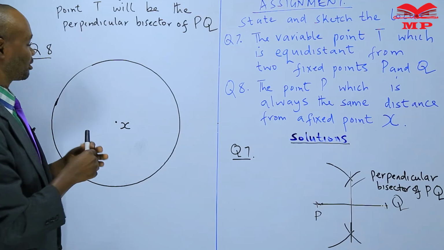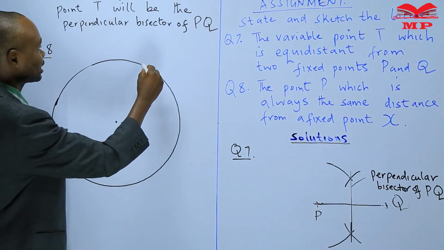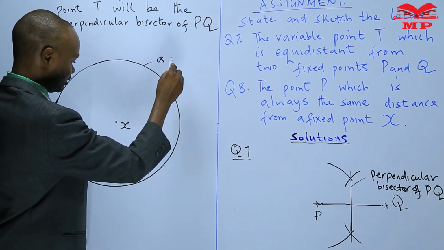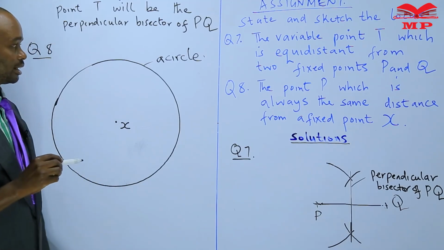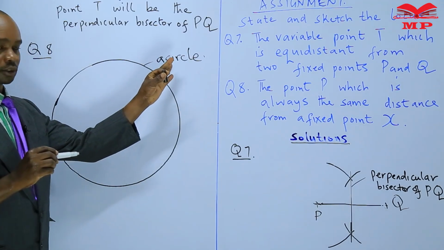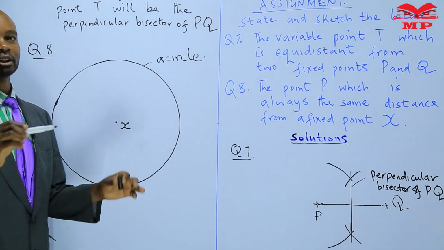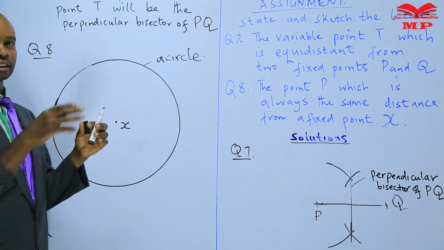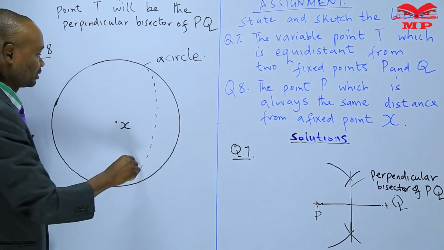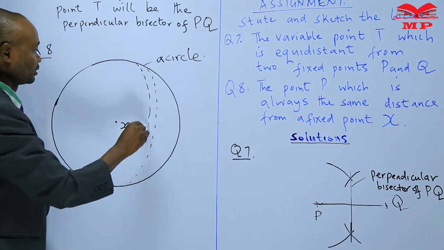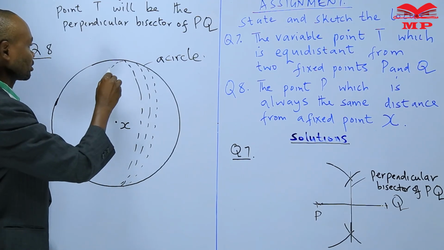So one of the paths the point will take is what can you see on the board? Everybody knows that is a circle. That is one of the paths that variable point P will take. But the point is free. You are free to turn it in 3 dimensions, so it is even able to take up other paths.